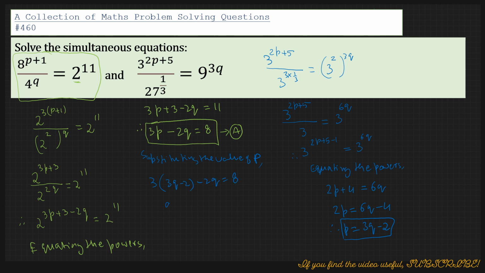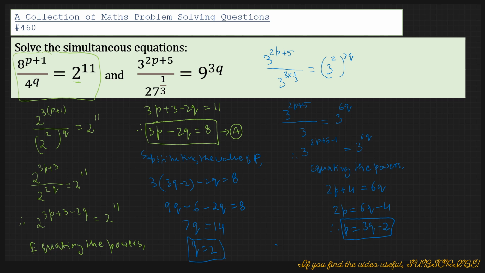So that's 9q minus 6 minus 2q equals 8. So 9q minus 2q is 7q, and that equals 8 plus 6, 14, and that gives q is 2.